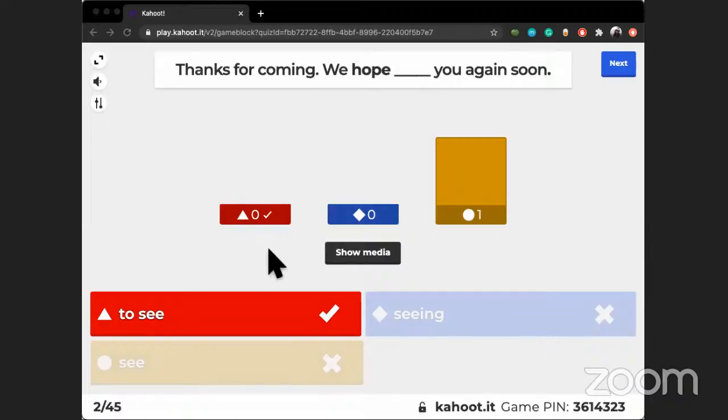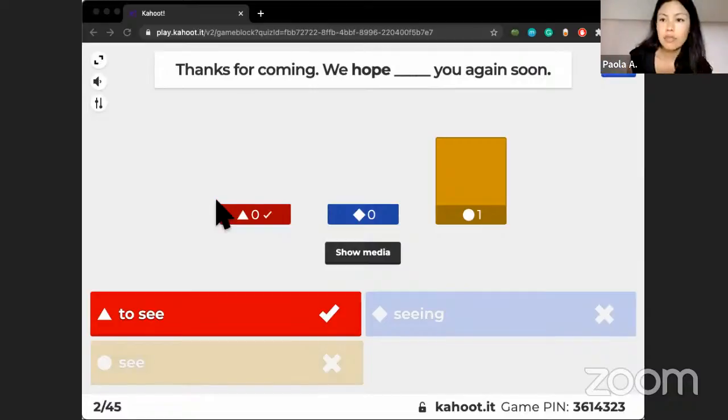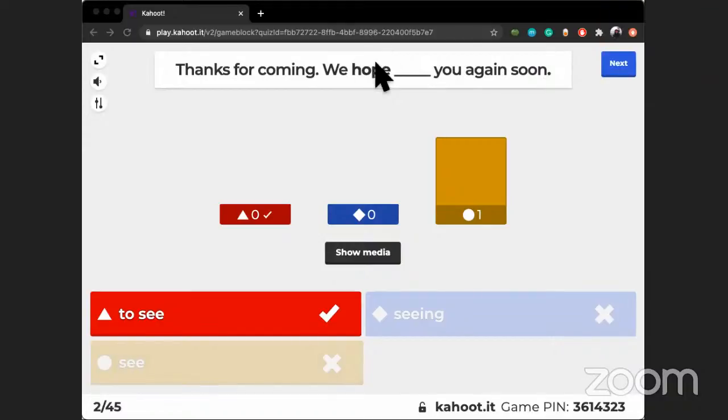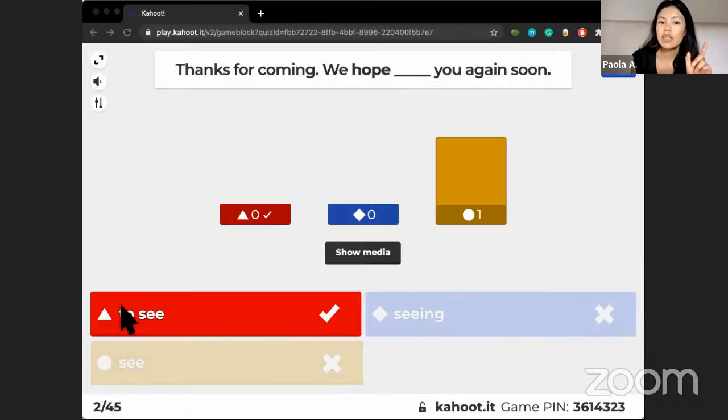So today we're going to see, this game is quite long, as you can see here. But what we're going to do is try to recognize the verbs, and with different verbs, the verb that comes after is either going to be like this, for example, to see, or if it's another verb, it could be singing.